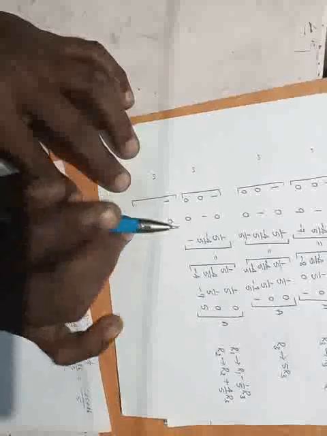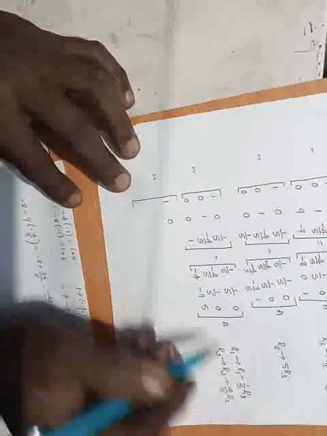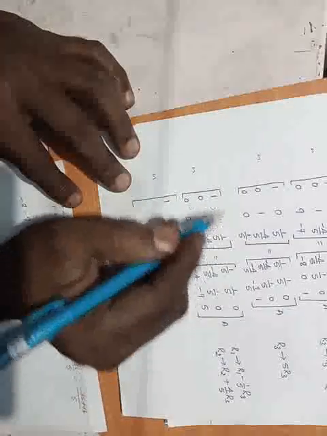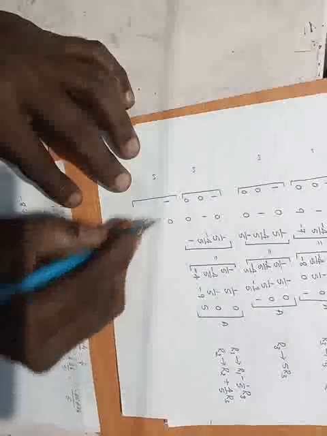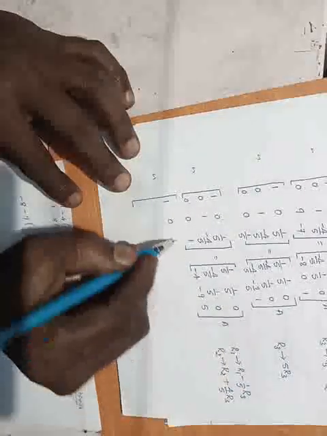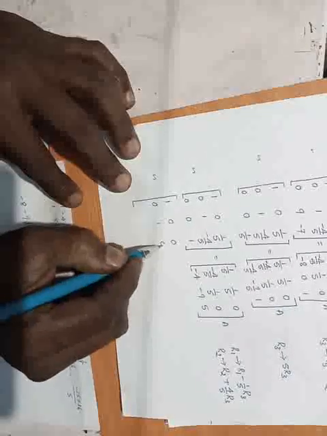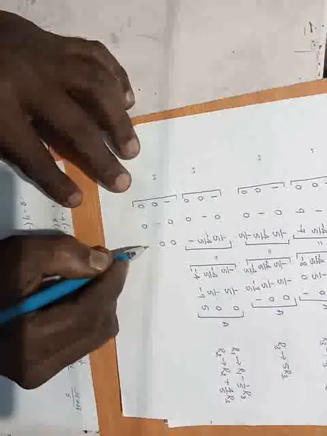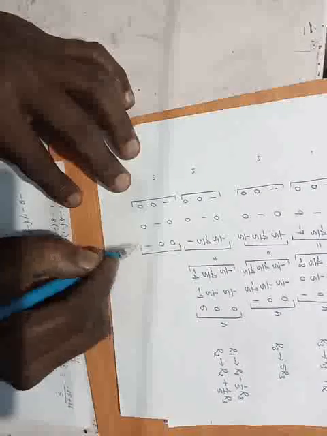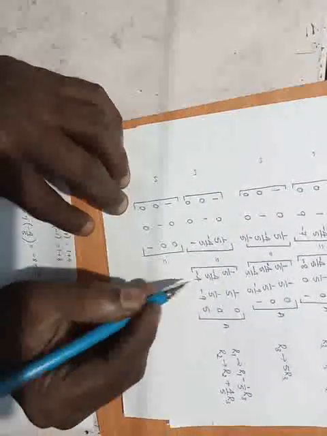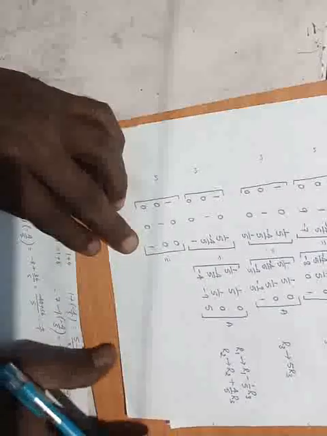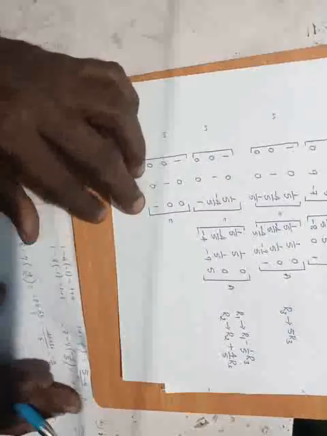After employing this operation, obviously this matrix turns out to be unit matrix. So you need not bother about the calculations. Simply you write down 1 0 0, 0 1 0, 0 0 1. Write down like this. This is equal to, now here we have to do the calculations.